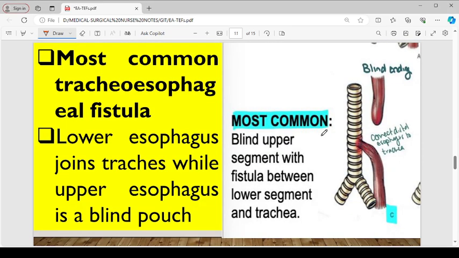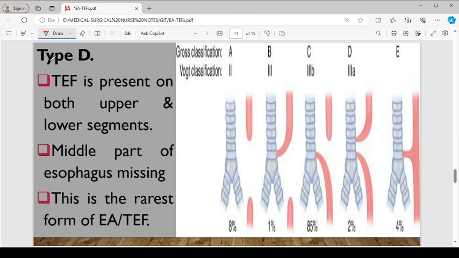Next, we have type D, and in type D, you find that tracheoesophageal fistula will be present on both upper and lower segments. So we have communication of the upper segment of the esophagus with the trachea, and also communication with the trachea for the lower segment.